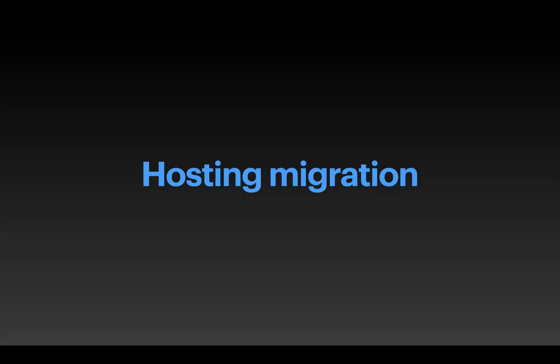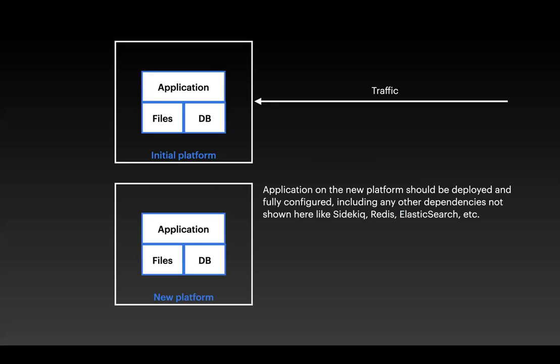I will give a few examples, one of them being a very simple setup, and the other one being a complex setup where you have to figure out really complex stuff. So this is the most basic architecture of an application.